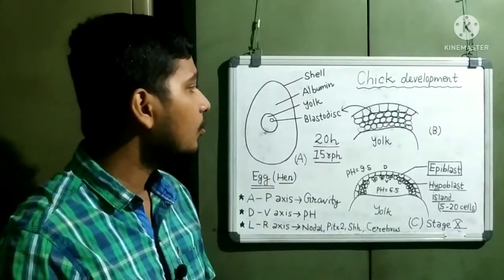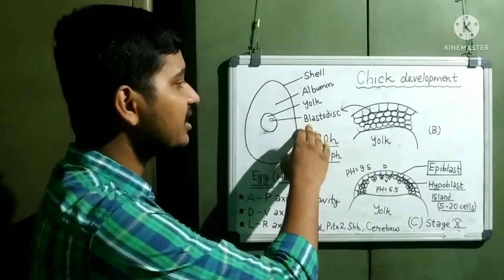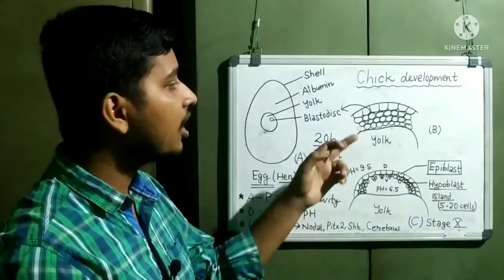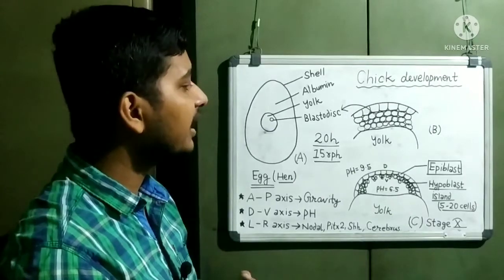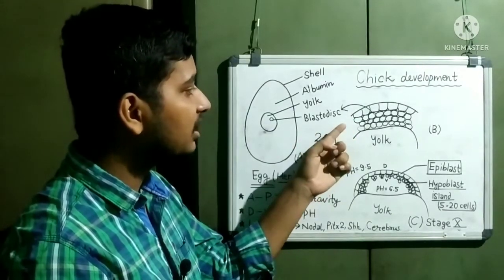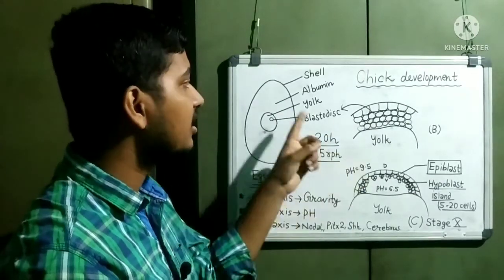Okay, what happens after that? As you can see here, the blastodisc has undergone cleavage and forms 4 to 5 layers of cells. After that, what do they do? They absorb water from the surrounding.